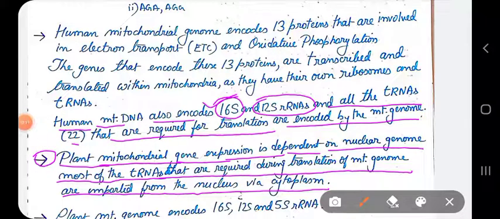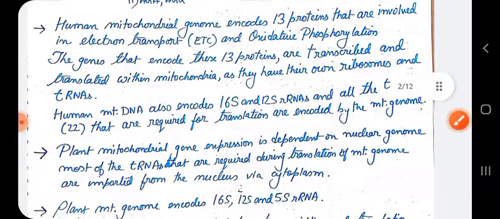In plants, the mitochondria do not make enough tRNA. Most of the tRNA that are needed for translation of the mitochondrial genome are imported from the nucleus to the mitochondria.